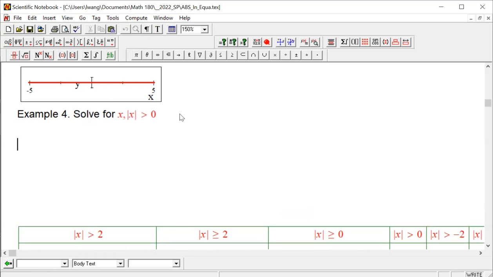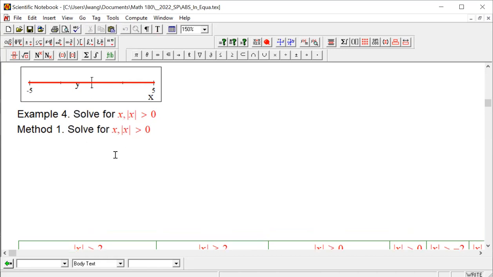How do we solve that? Once again, we use the first method, from the function perspective. We solve this inequality and we're looking for all possible solutions.